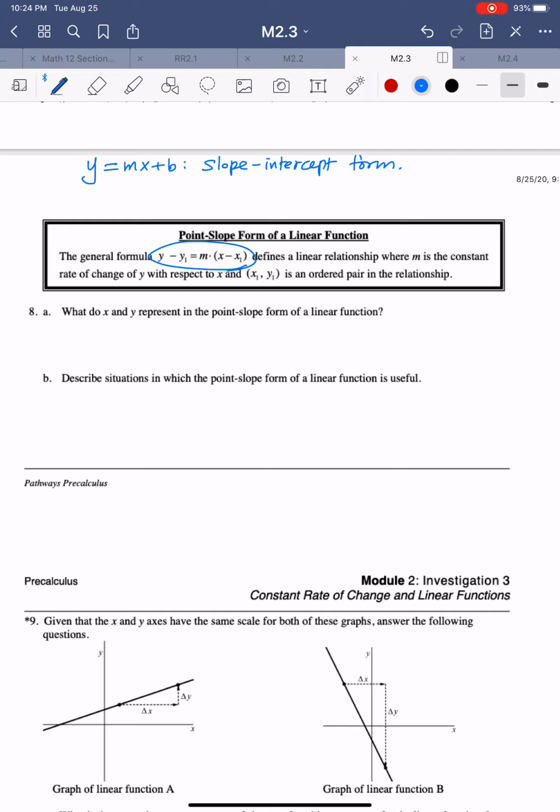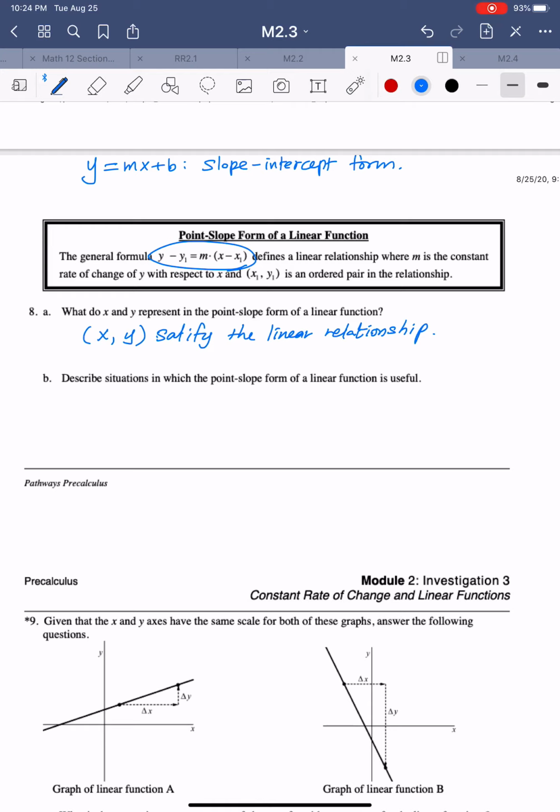So this x and y come as an ordered pair, and also satisfy the linear relationship. So it's going to be the two varying quantities. It keeps changing by the equation.